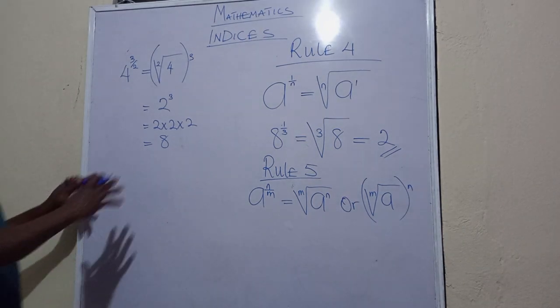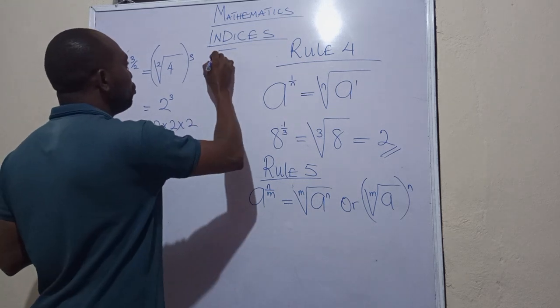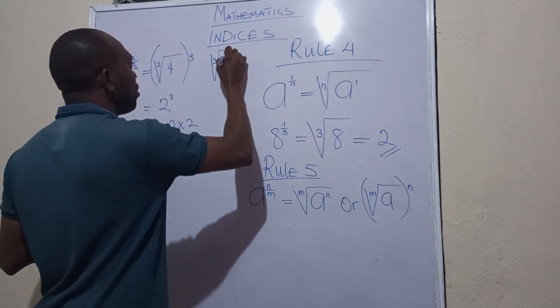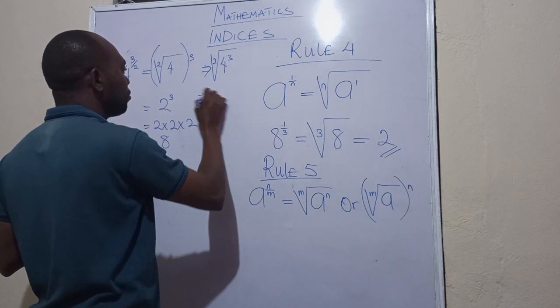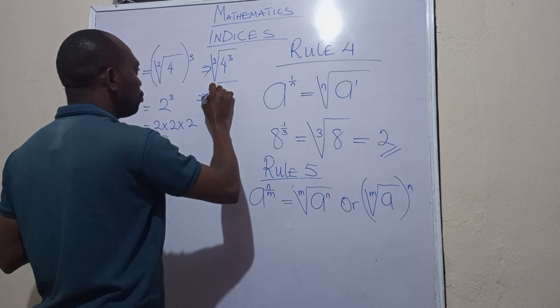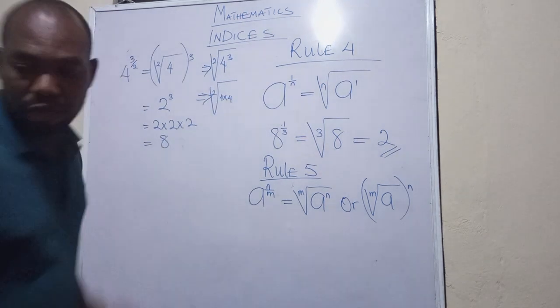But now let's look at it the other way, where we have the square root of 4 raised to the power of 3.